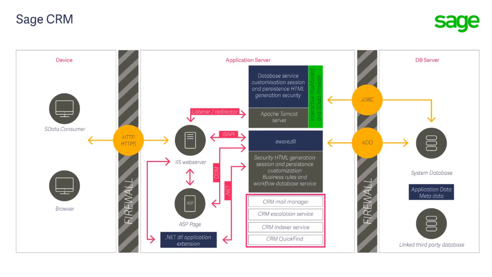So there are two areas in which, when we think about doing tasks like migration of servers, you're going to have to be looking at settings to confirm that not only are the right settings in place for the eWare DLL, but also that the right settings are in place for the Java application as well.